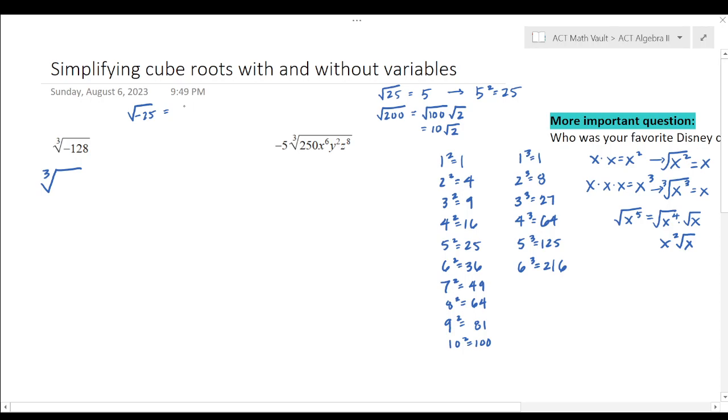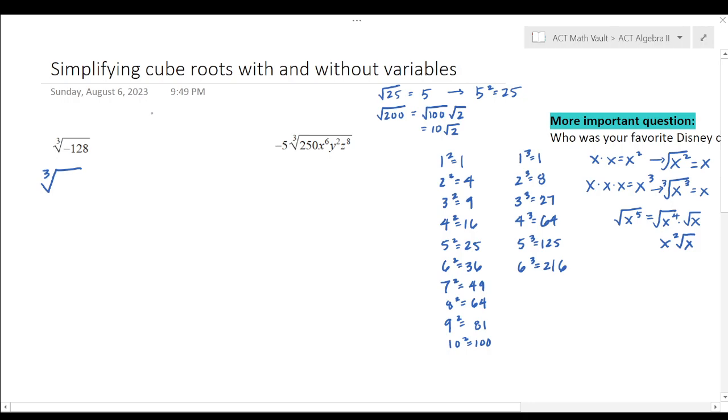So we need to basically take out the 25 and then take out the negative 1 separately. This would be 5 times i, which is 5i. So sometimes people think when they see the root and the negative that there's going to be an i involved. But I want you to erase all of that thinking for cube roots.